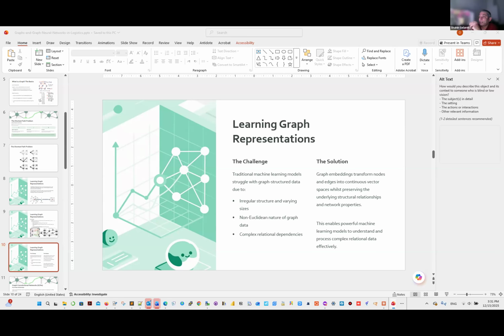We are dealing with irregular structures in graphs. In 3D, if we rotate part of the graph, it's still the same graph, but if we feed it into a normal neural network, the result might be totally different. The distances are non-Euclidean, and the correlations are very complex.